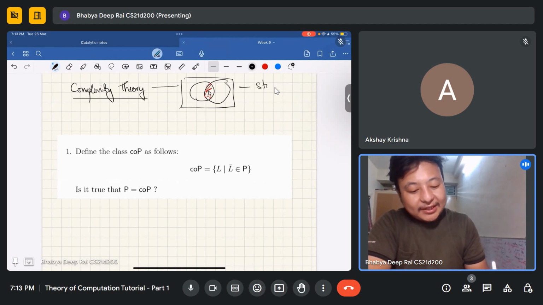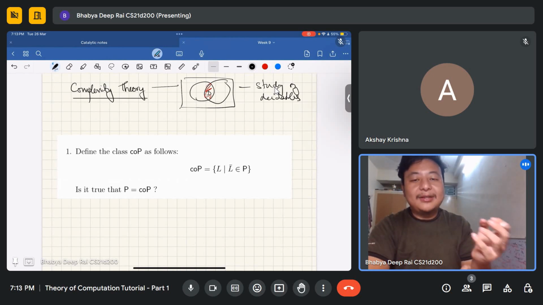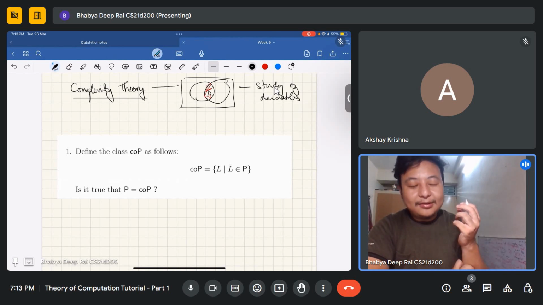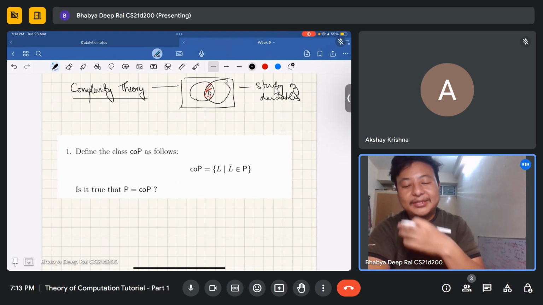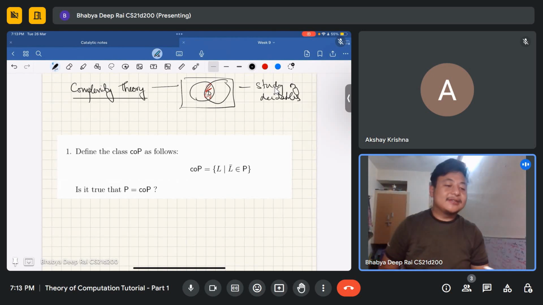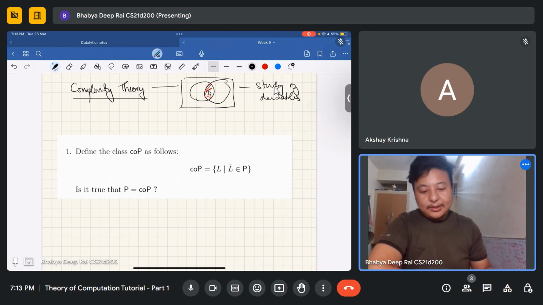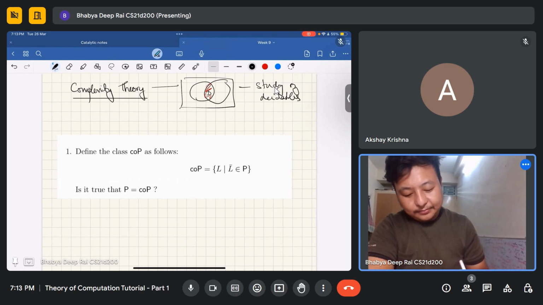It is a study of decidables, and since we definitely have algorithms for them, how efficient we can make the algorithms, in terms of time, space, and so on, is the question here.